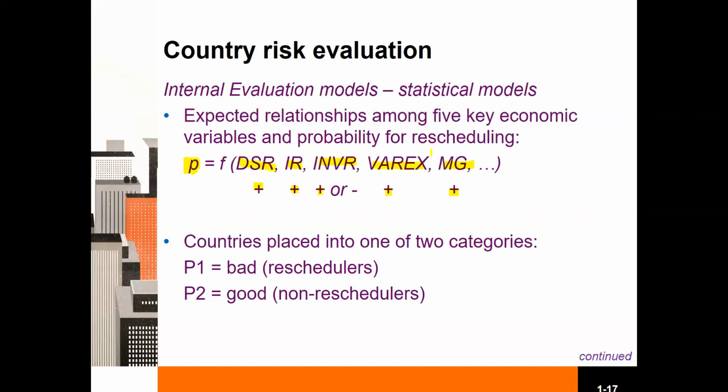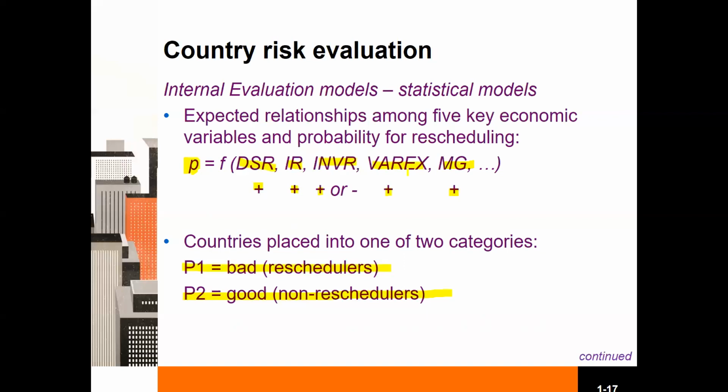After selecting the key variables, the financial institution manager normally places countries into 2 groups. For example, bad, who are likely to reschedule, and good, who are non-reschedulers. Then the manager uses a statistical methodology such as the discriminant analysis we discussed in chapter 10 to identify which of these variables best discriminates between the population of rescheduling borrowers and that of non-rescheduling borrowers.